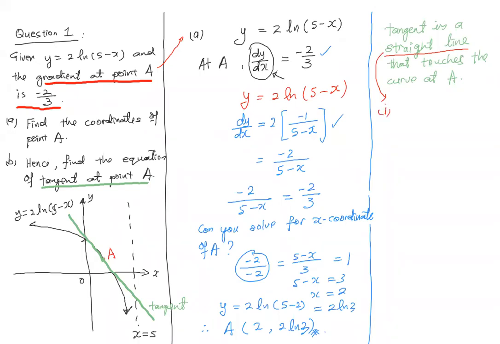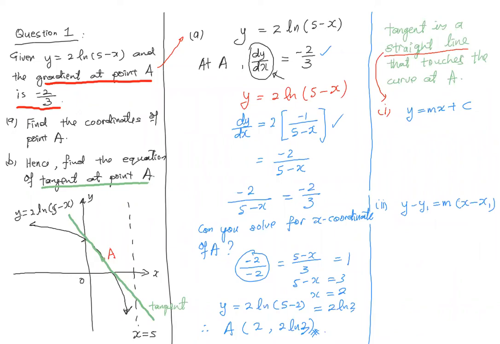You can use y equal to mx plus c, or I can also use y minus y1 equal to m(x minus x1), correct? So it's your choice. There are two ways of doing it. For both methods, you must have the point and you must have the gradient.